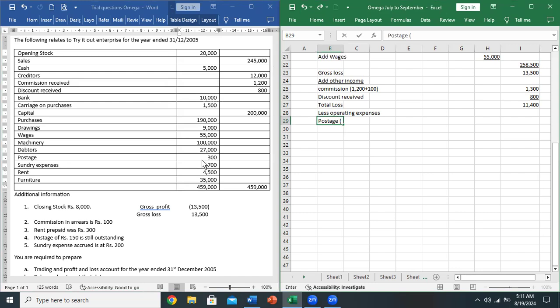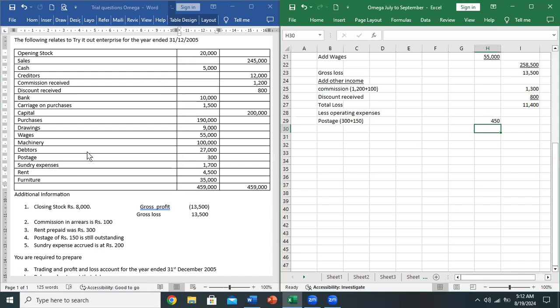So the postage in the trial balance is 300. You add the 150 to it, and we are going to get a total of 450. That satisfies the principle that anytime you see an expense outstanding or in arrears or accrued, you add.